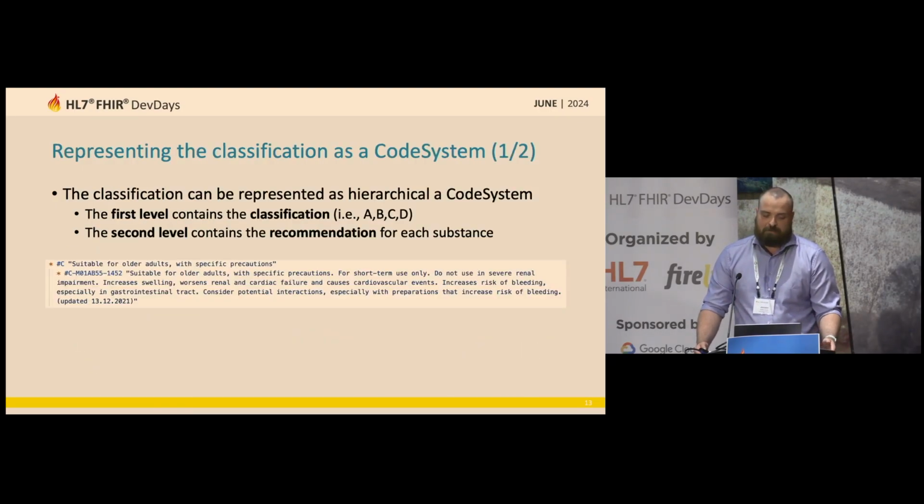The naive or the easiest way of representing these classifications could be with a code system where you have 2 levels of hierarchy, the first being just these 4 steps A, B, C, D for the classification, and the second level then introducing the recommendation as well, just as plain text.